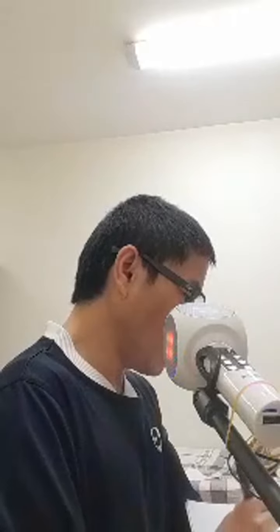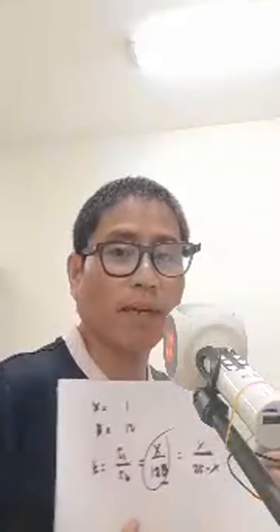So it also says X is equal to 25 minus X. Did you get the point, 25 minus X? Do you understand, right? X minus 25 minus X. This is the solute, the weight fraction of solute.